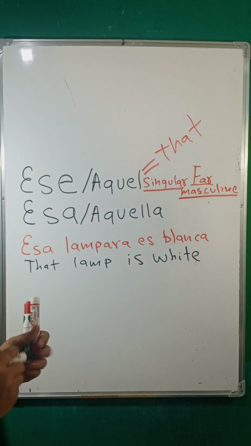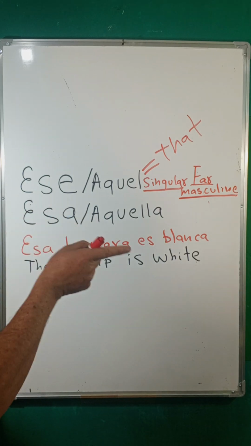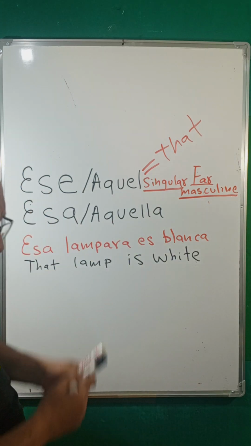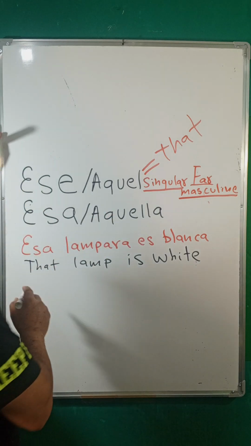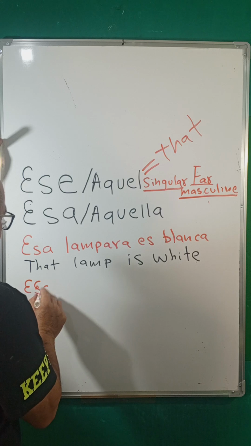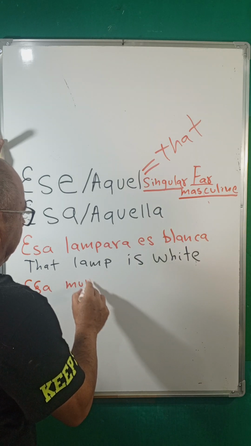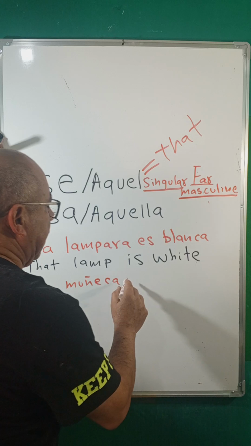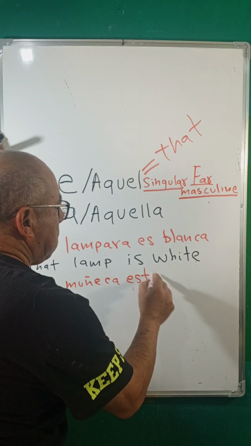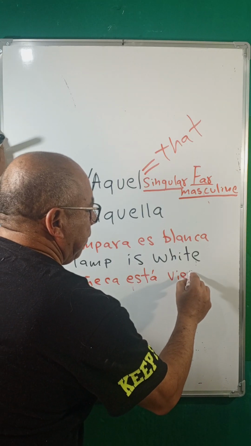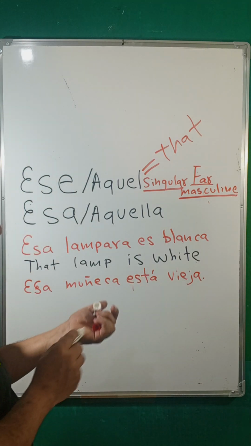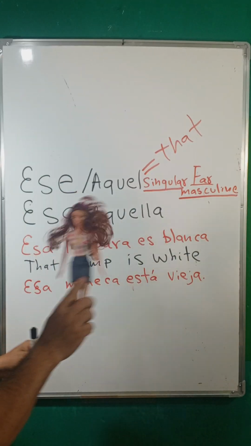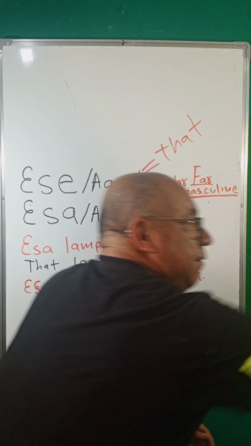That doll. Esa muñeca está vieja. I'm talking about this doll, but this is "that" because it's far from me.